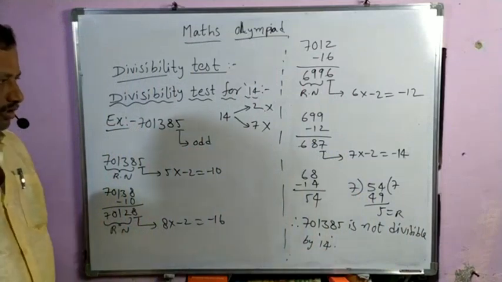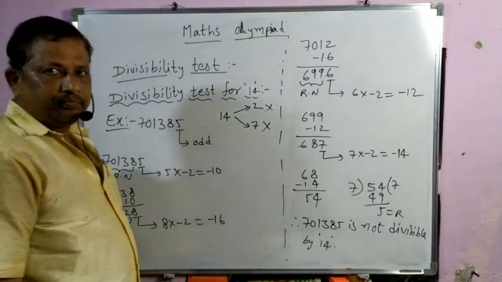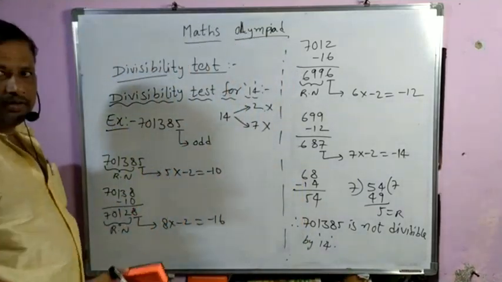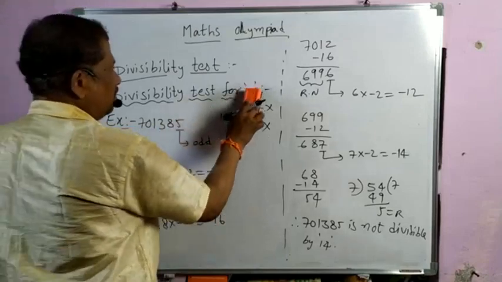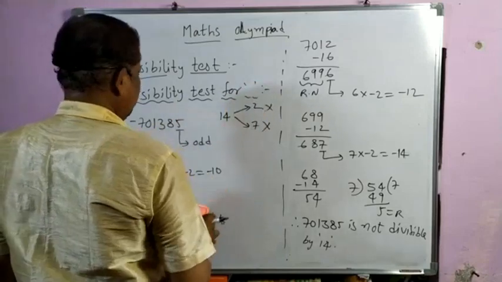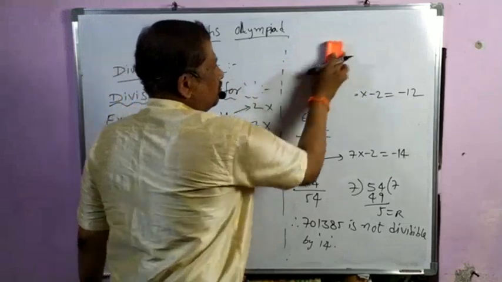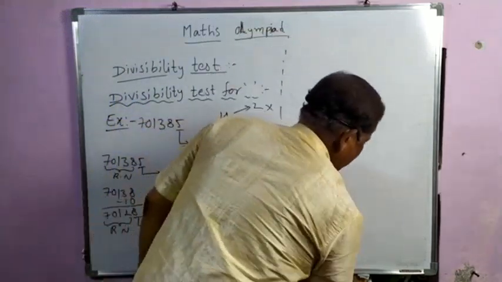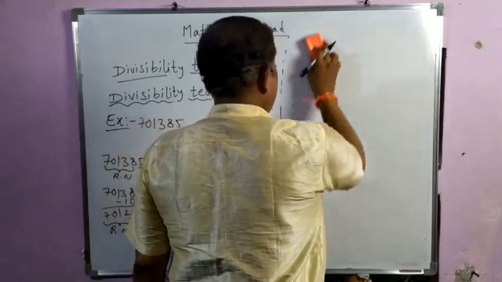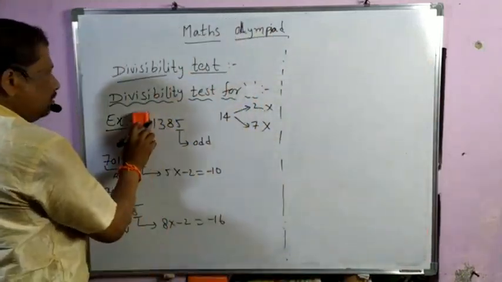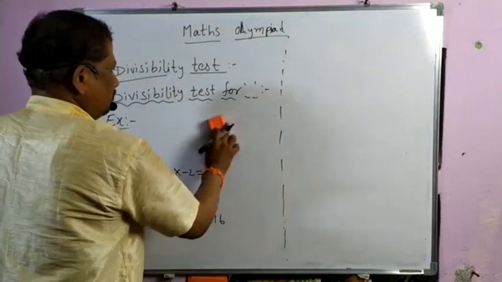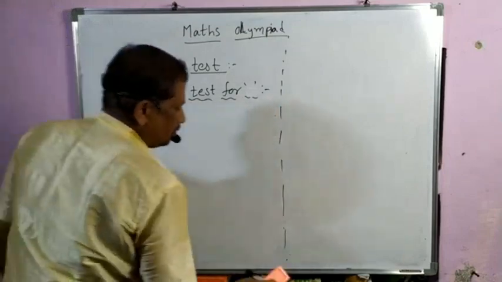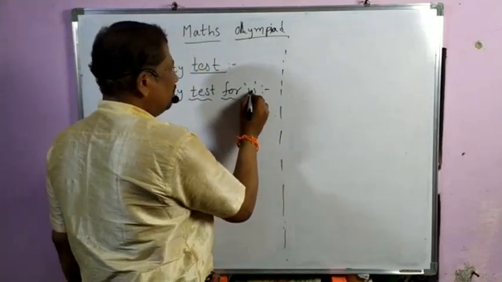Next, divisibility test for 15. What is the divisibility test for 15?